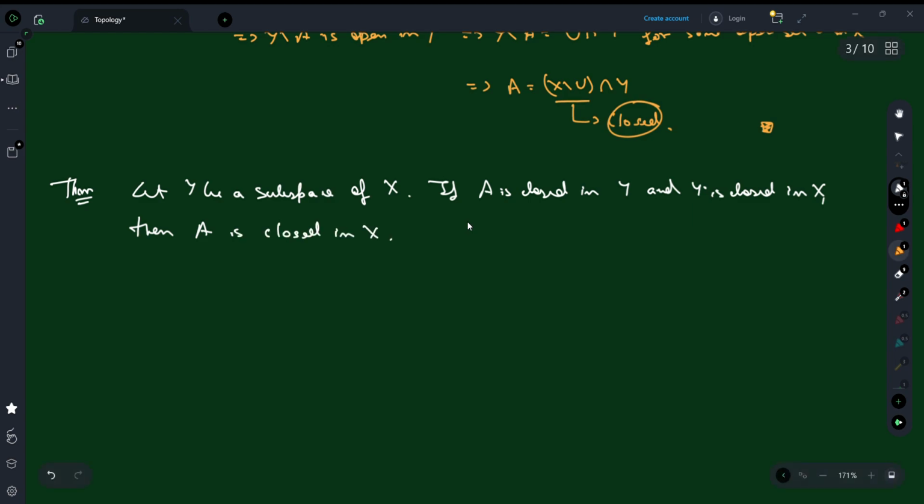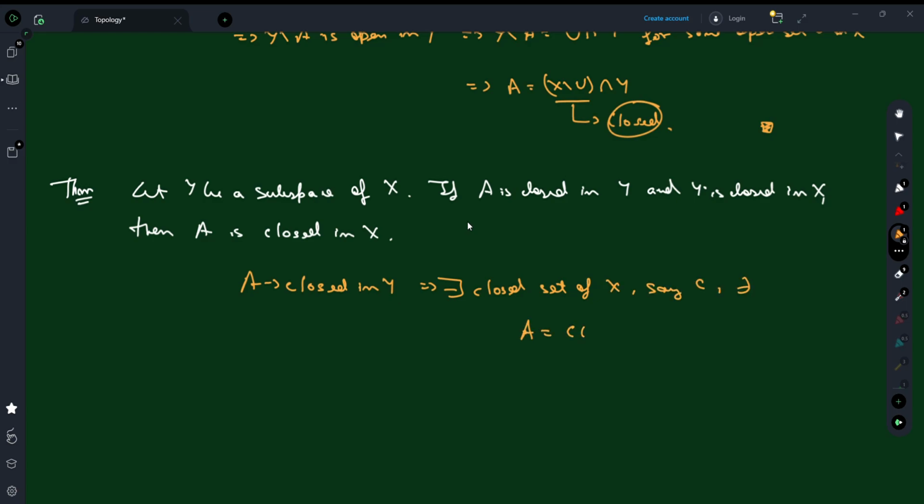So how is the proof going? A is closed in Y. That implies there exists a closed set of X, say C, such that A is the intersection of C and Y. But C is closed in X, and Y is also closed in X. Arbitrary intersection of closed sets is closed, so finite intersection of closed sets is again closed.